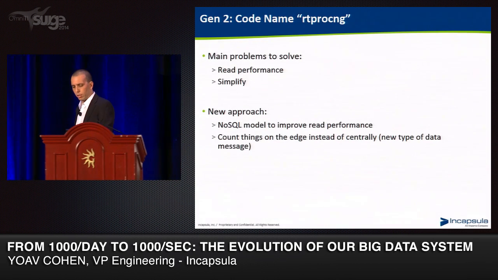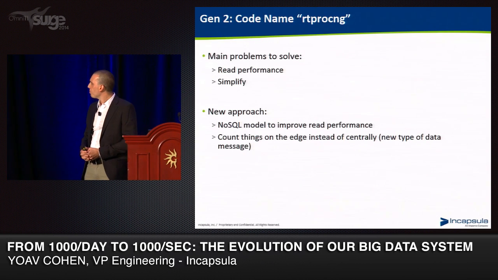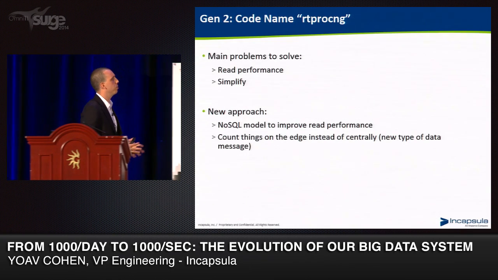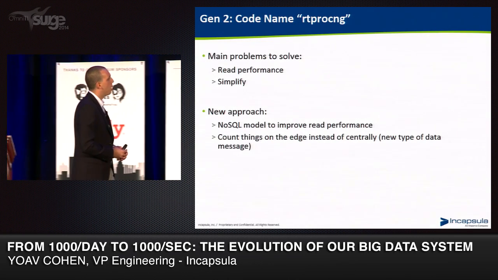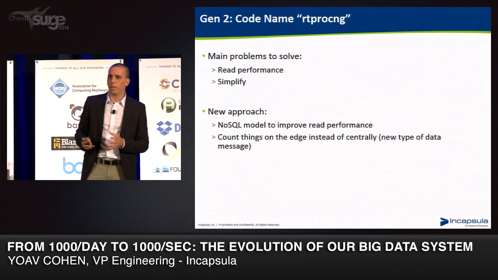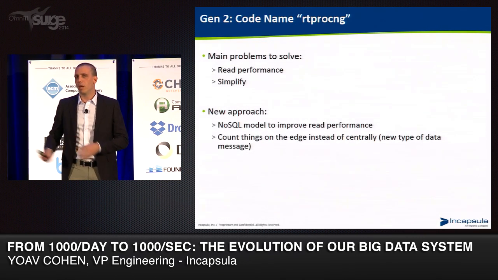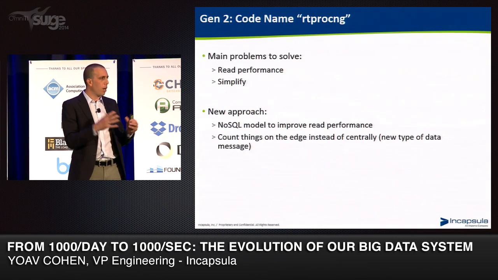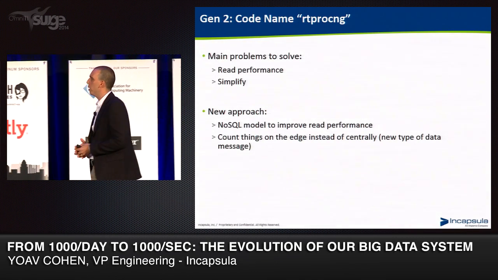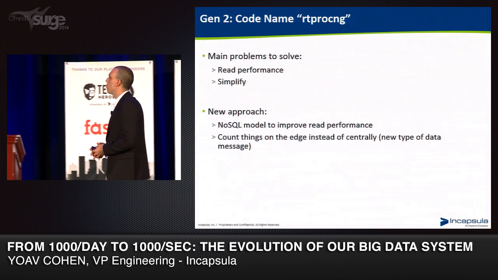The dashboards would not load as fast as we wanted them to. And we wanted something that is very, very simple. So instead of keeping the relational model that we had, the very big tables, we decided to minimize the requirements and go with a NoSQL model to improve our read performance.